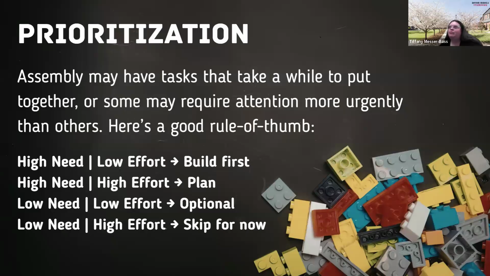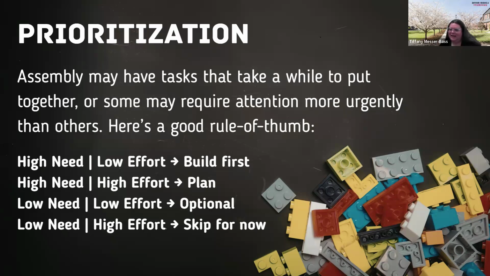So the way that I prioritize things is I look at what's a high need first. So these are things based off the questions that I've been getting, questions that students are asking about the usage. If it's a tool or something that you want to put together that's a high need and does not take a lot of effort, focus on that first.